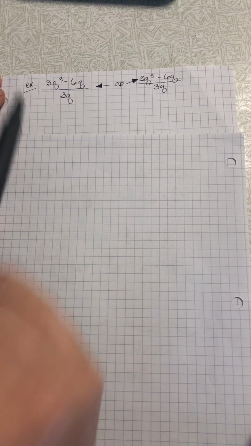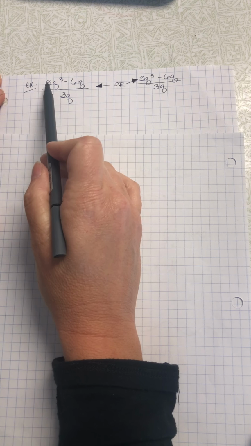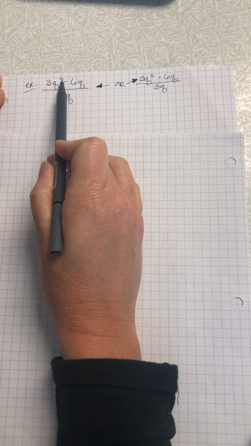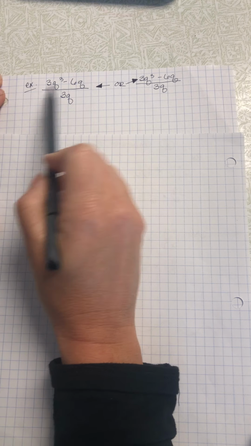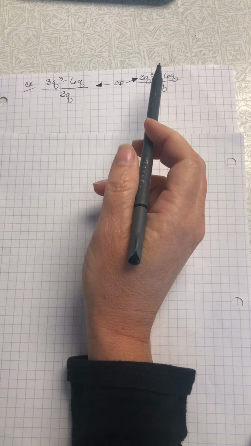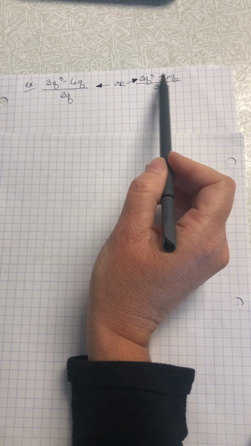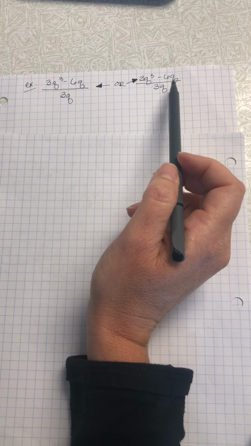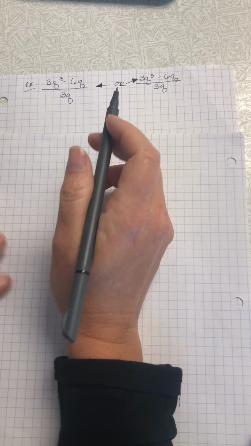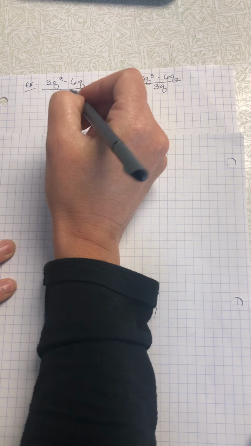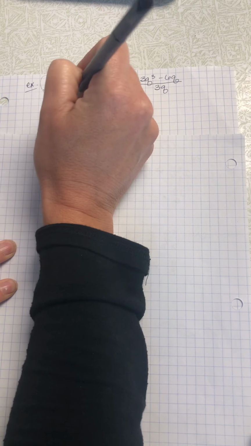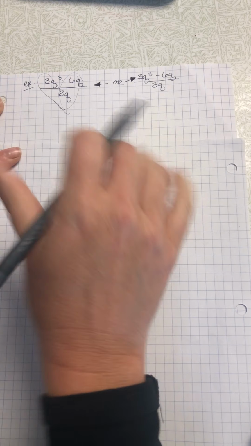Okay, we've got it written 2 times, the same problem. So 3q cubed minus 6q over 3q. And then we've got 3q cubed again minus 6q over 3q. So this time, this first one, I'm going to do the double, but I am going to rewrite it.